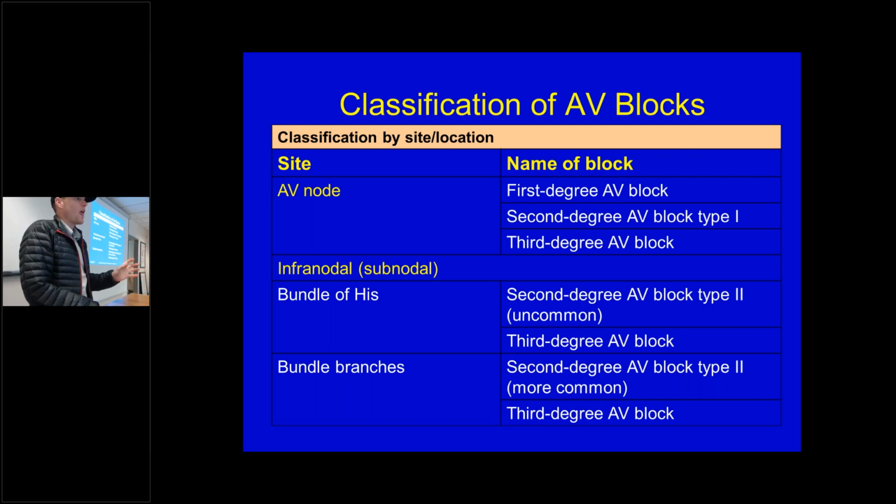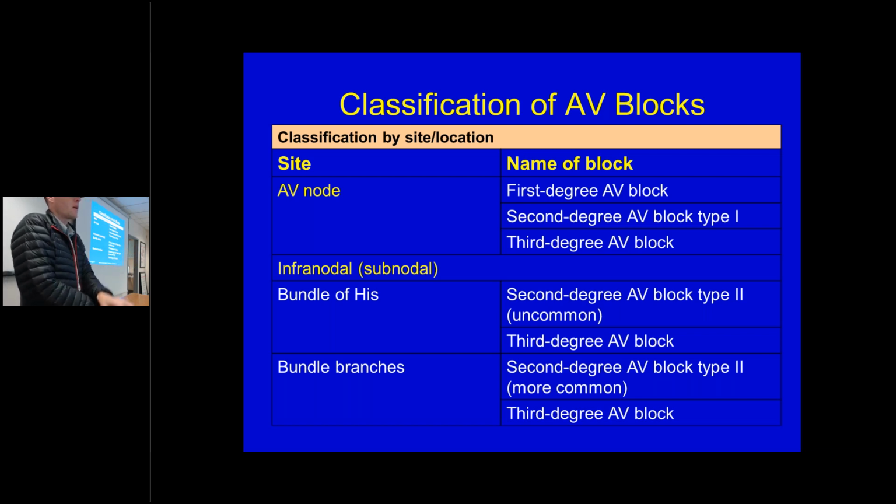And that's why a type 2, because it's infranodal, has a wide QRS complex. A type 1, because it's at the AV node, still has a normal QRS complex because the conduction getting through still creates a normal conduction in the ventricles and a normal width of the QRS. All right? We'll talk about that more.